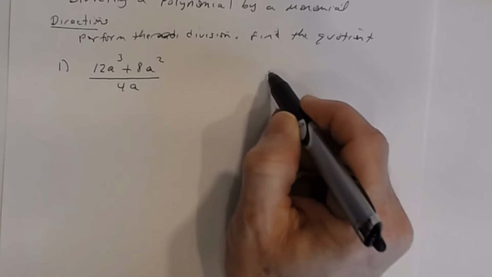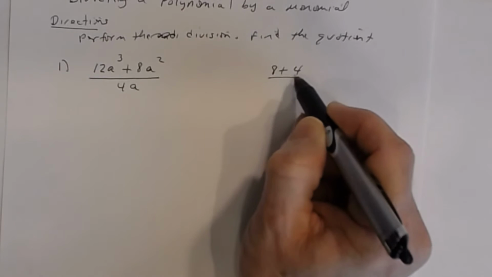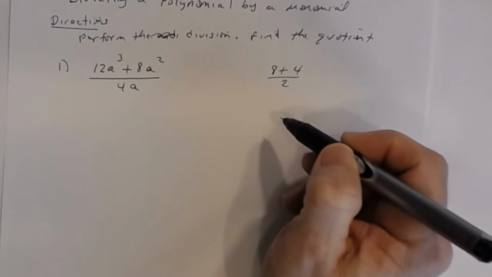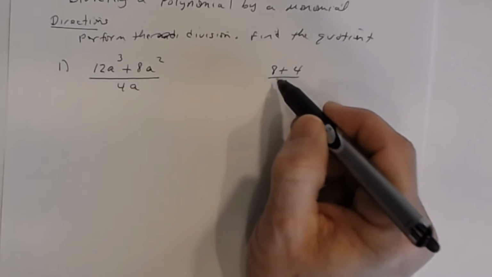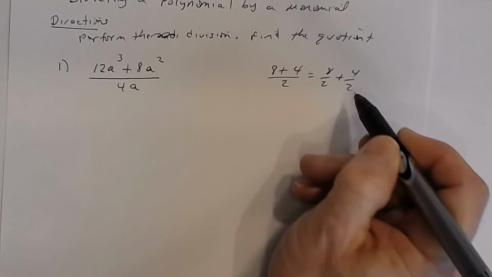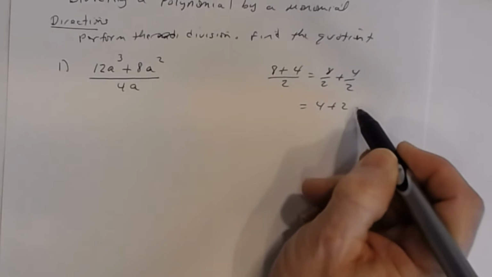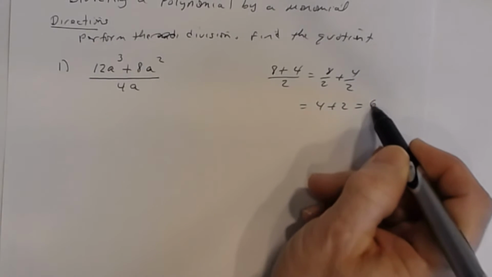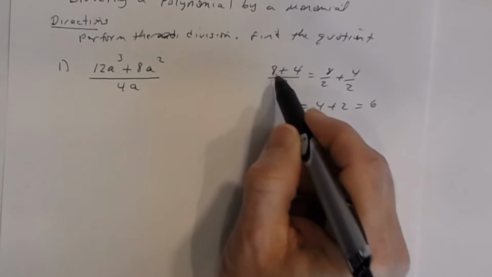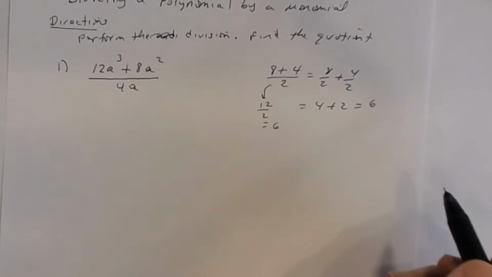Remember, in the past, many years ago, you did something like 8 plus 4 divided by 2. You know that you can rewrite this as 8 divided by 2 plus 4 divided by 2. 8 divided by 2 is 4, 4 divided by 2 is 2, and you get 6. You could have also said 8 plus 4 is 12, and 12 divided by 2 is also 6.